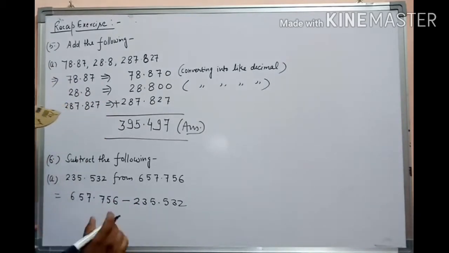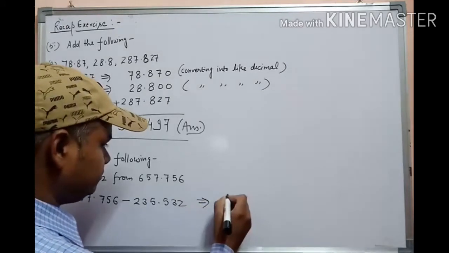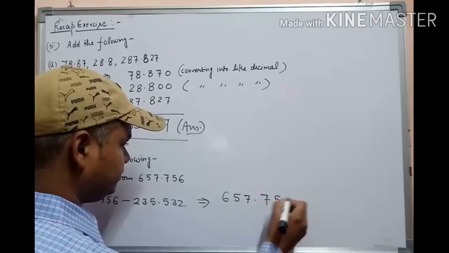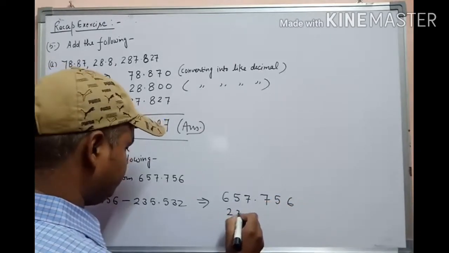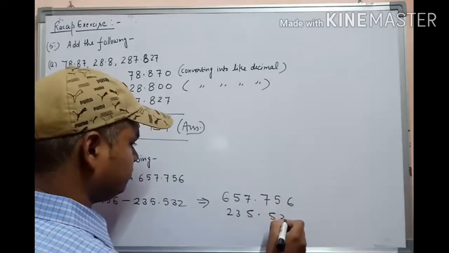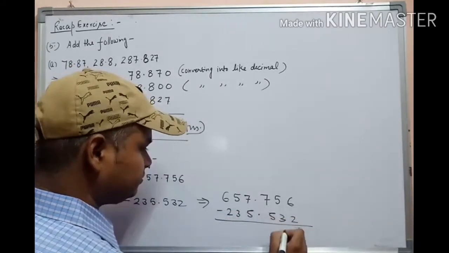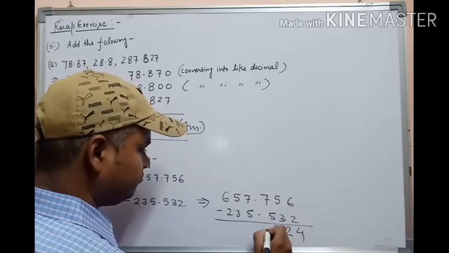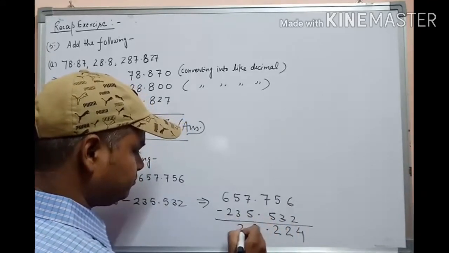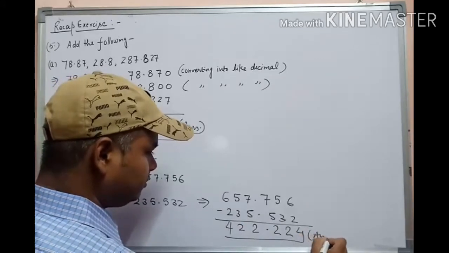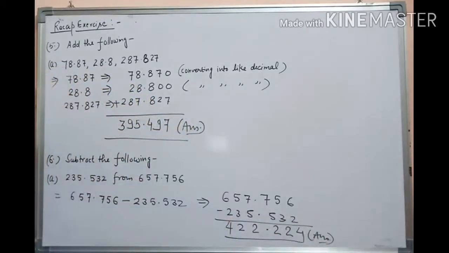Now you have to subtract, so you write the decimal numbers in a column like this, and subtract. 6 minus 2 is 4, 5 minus 3 is 2, 7 minus 5 is 2, 7 minus 5 is 2, 5 minus 3 is 2, 6 minus 2 is 4, and this is the answer. Students, before moving on to the next question, pause the video to note it down in your copy or take a screenshot.